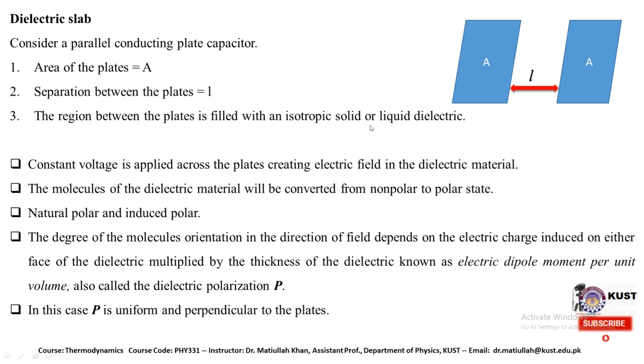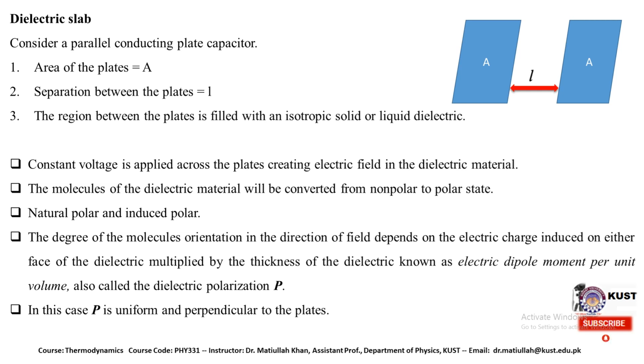But anyhow, when an external electric field is applied, the center of negative charge moves from the center of positive charge, and as a result a dipole moment is created. So this is a type of induced dipole moment. When we remove the external electric field, again the centers of positive charge and negative charge coincide, and there is no net dipole moment in that case.